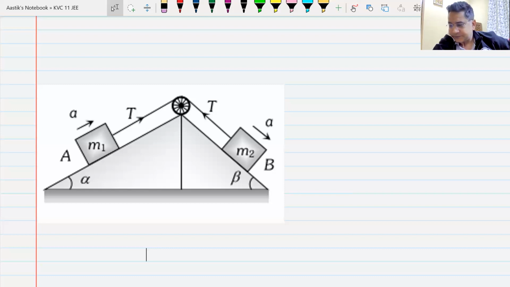Components of weight. So tell me now why you are saying component of weight. You know what the weight is. Under what condition does M2 go down and M1 go up? And under what condition does M1 go down and M2 come up?